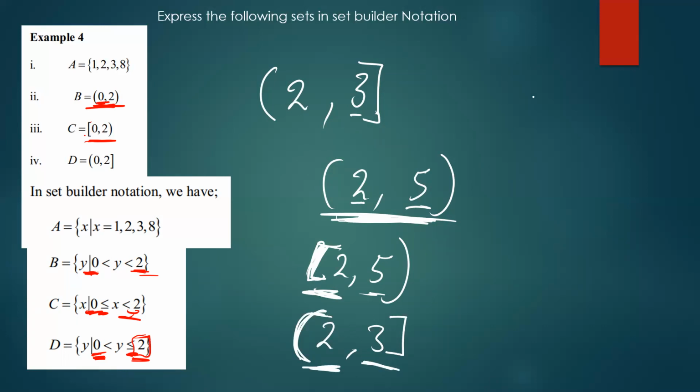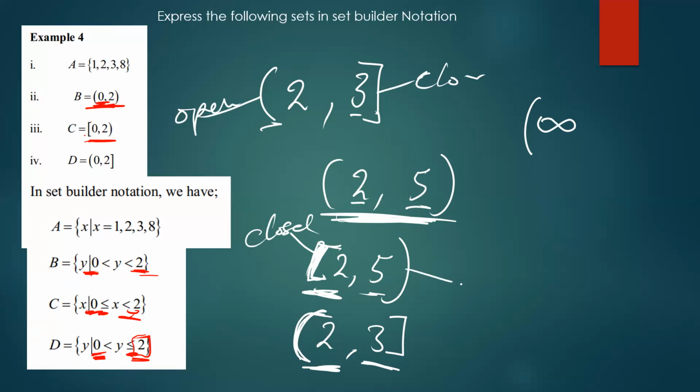The other thing you have to know is that whenever you have an infinity symbol, you always have to represent it with an open bracket. This one is known as an open bracket, and this one is called the closed bracket. So this part, despite it being this side, will also be called the closed bracket. Then this one is an open bracket.